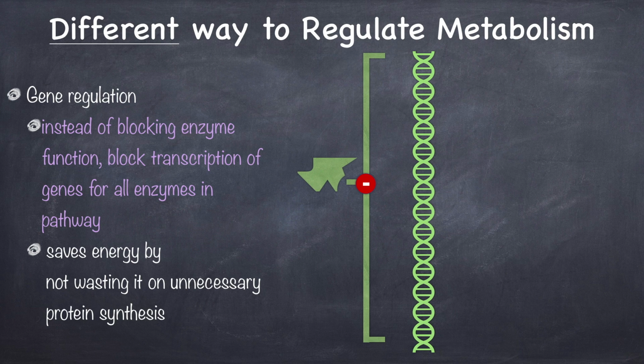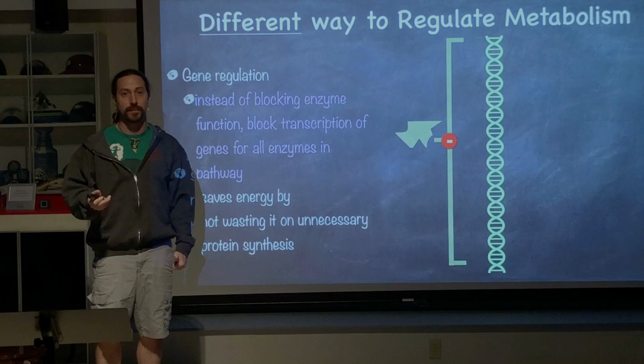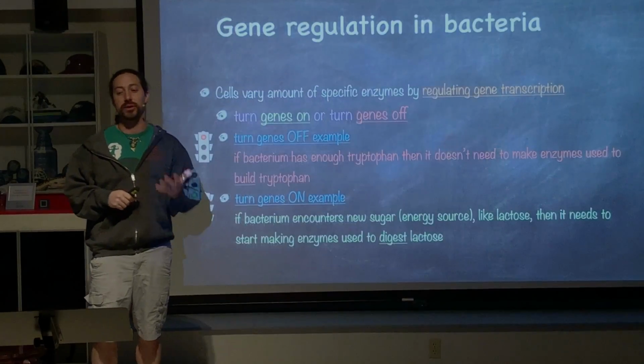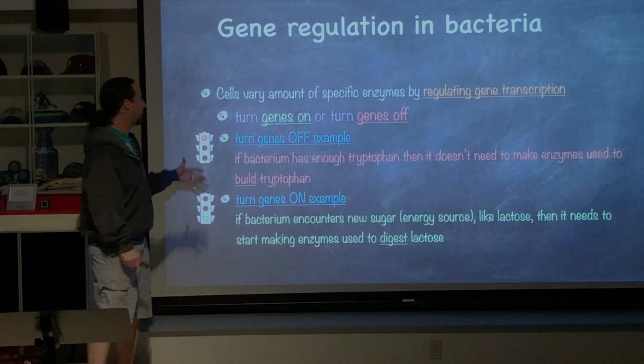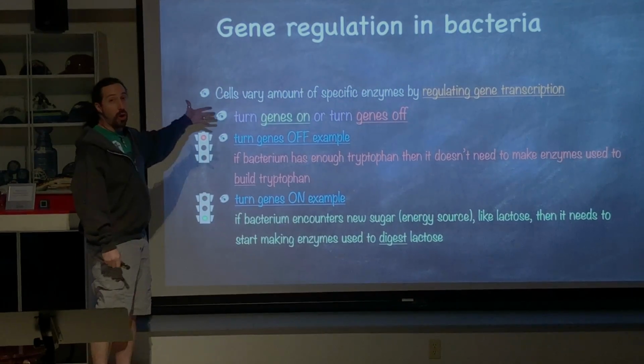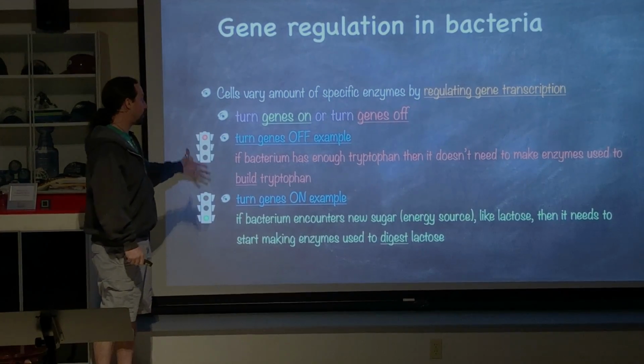This is how the prokaryotes save energy. They don't end up transcribing and translating enzymes that they're not going to be needing at that specific moment. So how does that actually take place? Well, here's how it works. They turn genes on and they turn genes off.